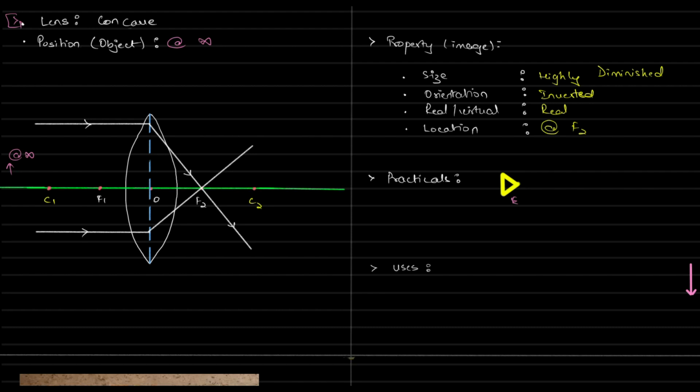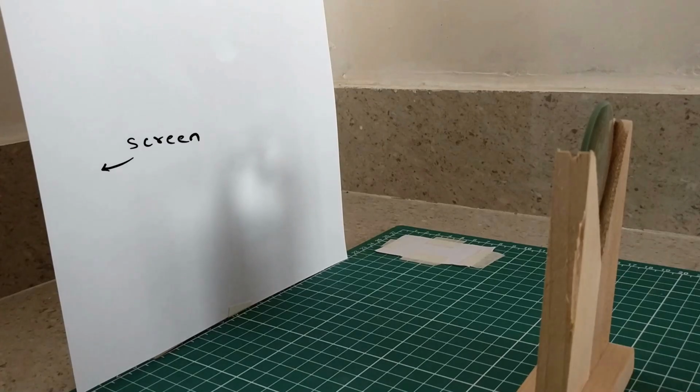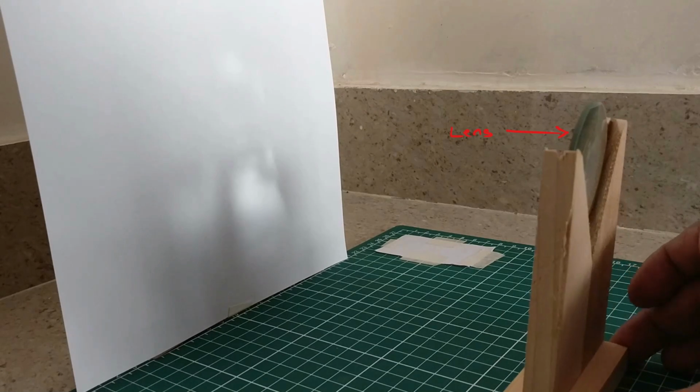So let me show you this practically. And by the way, the object is not at infinity, so it is a bit far away. What I'm going to show you is not actually an object at infinity, but a significantly far away object. Okay, so please have a look at this. So we have the screen and the lens.